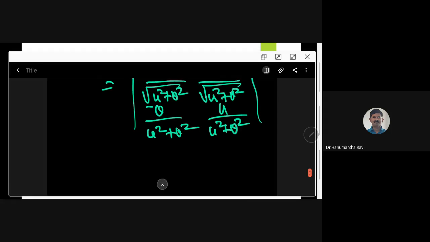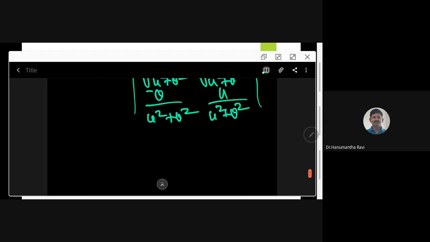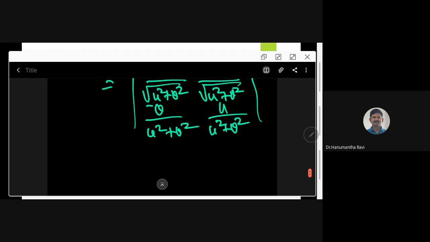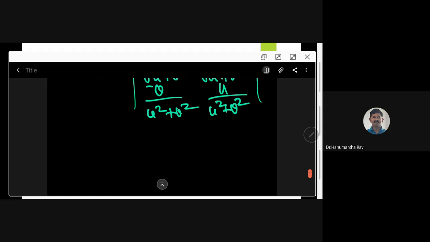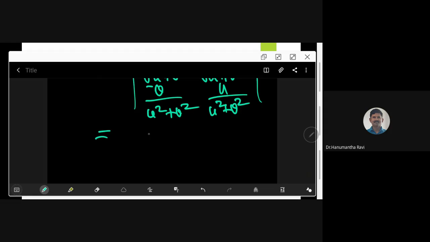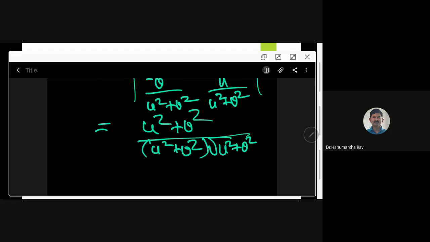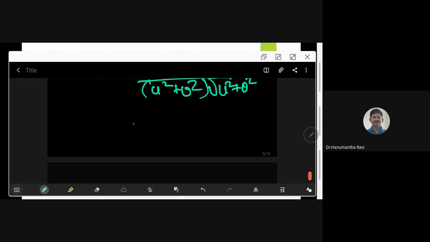The determinant here is u square plus v square by, okay, u square plus v square into square root of u square plus v square. So what are we getting? We are getting this as 1 by square root of u square plus v square.